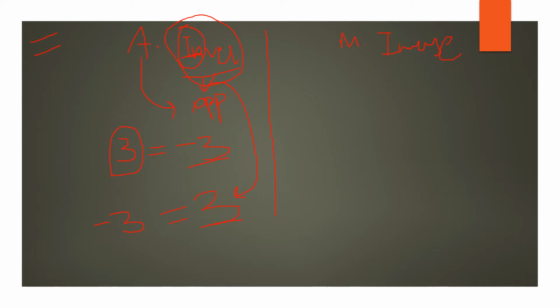Similarly, when I ask what is the multiplicative inverse of 3, you should say 1 by 3. Multiplicative inverse simply means reciprocal. Plus opposite is minus, whereas into opposite is division.